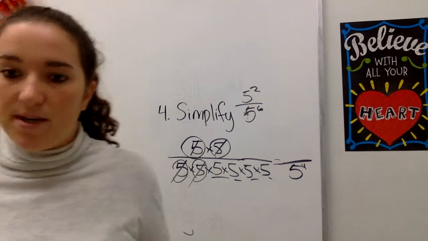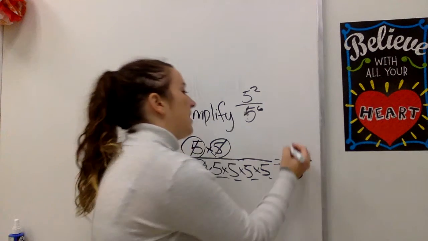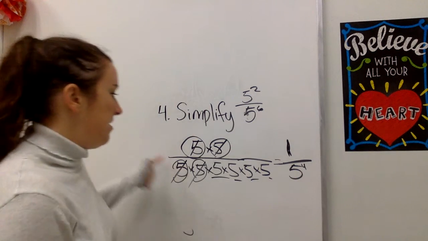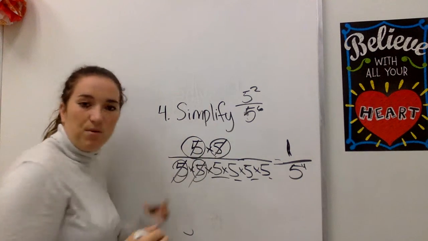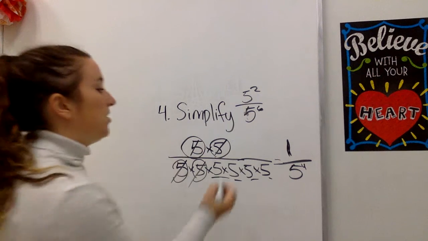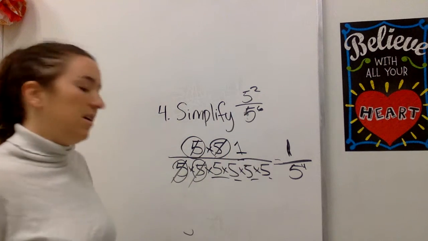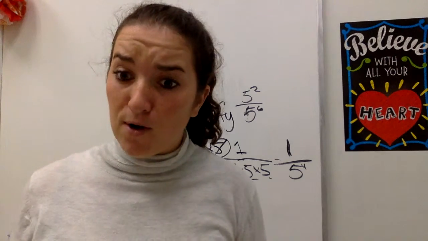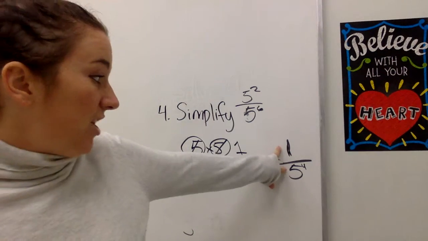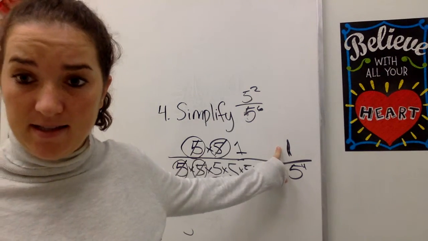What's my numerator going to be? Yeah, my numerator will be 1, because when we canceled all those out, that was equal to 1. So I have 1 over 5 to the 4th. This is written as a fraction. How else can I write this?